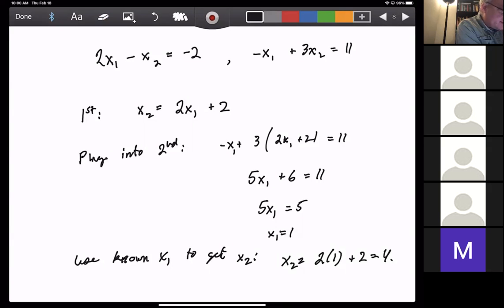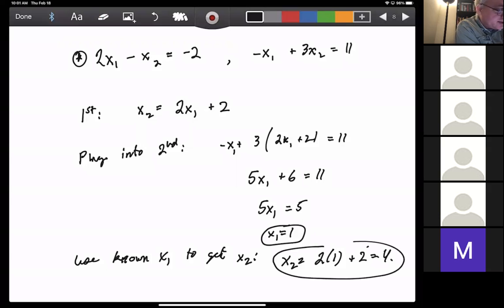If x1 is 1 and x2 is 4, the first equation becomes 2 minus 4, which is negative 2. That works. If we plug these values into the second equation, minus x1 is negative 1, and 3 times x2 is 3 times 4, which is 12. 12 minus 1 is 11, and that works. So we found a solution and verified that it works.